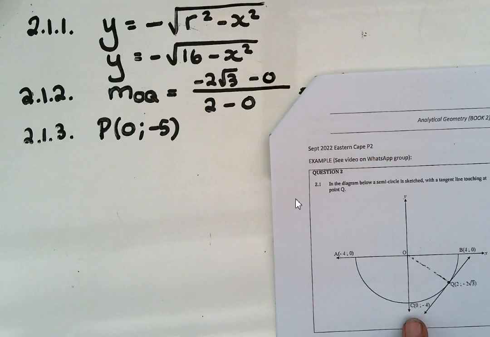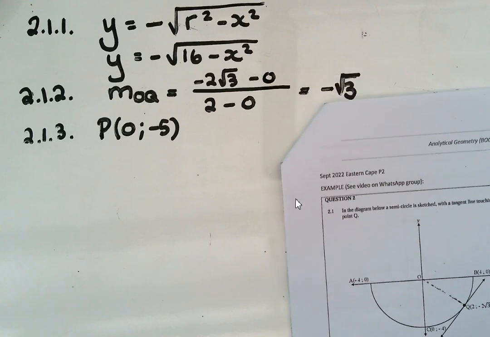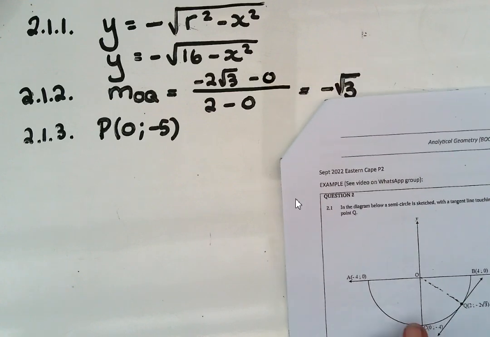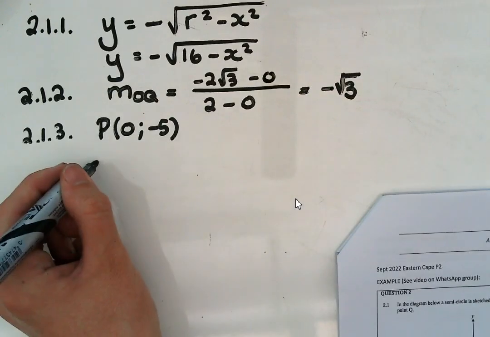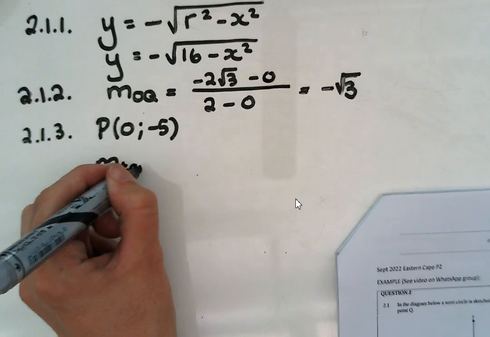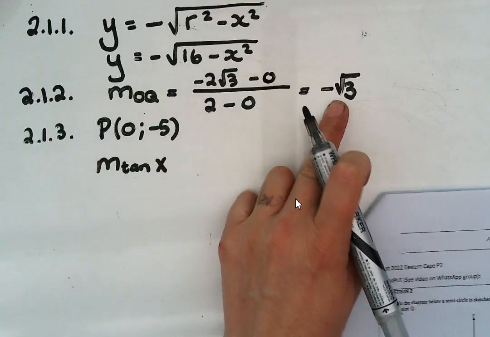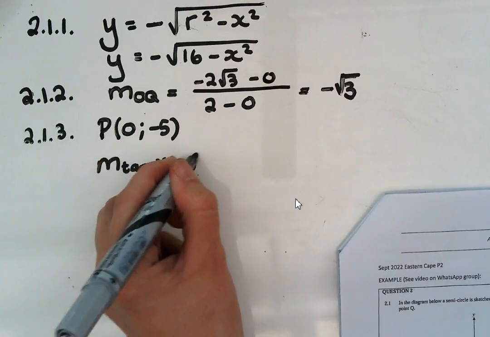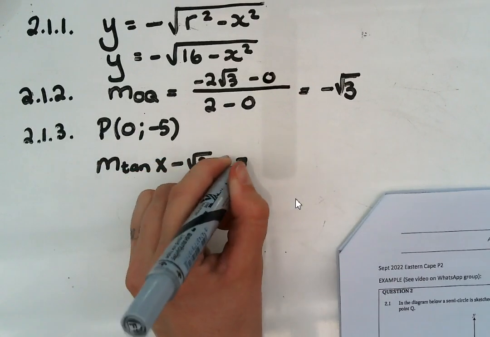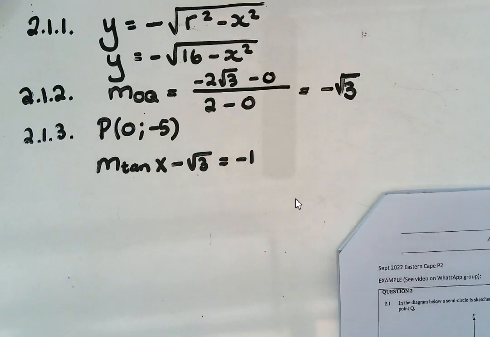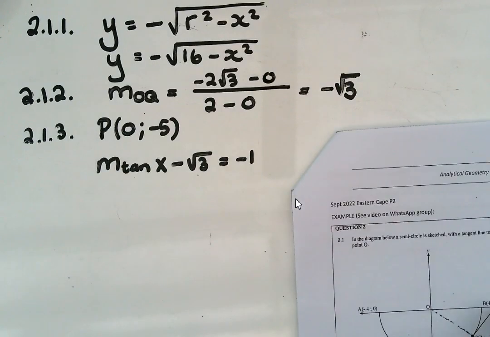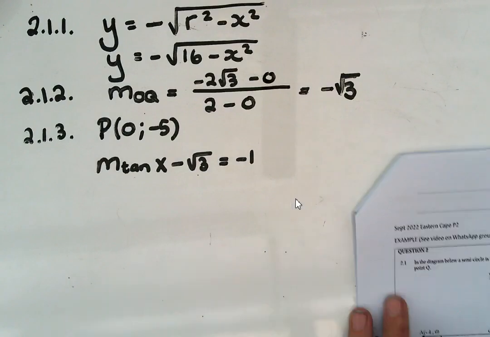That is the y-intercept. So let's just first do the method that we have been practicing, because that should work as well. The gradient of the tangent times the gradient of the radius should be -1. Why is that -1? Because gradients multiply to -1 when lines are perpendicular, and I know the radius and the tangent are perpendicular.